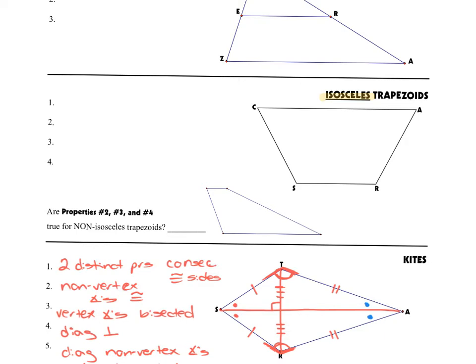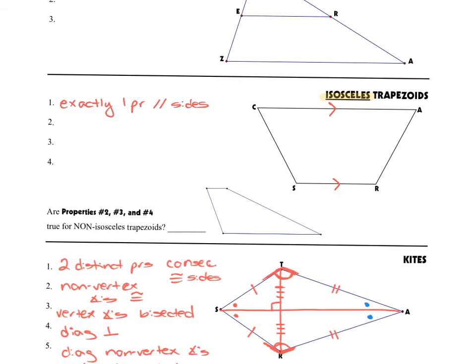We're going to start with our definition of just a trapezoid, which says that it's going to have exactly one pair of parallel sides. Remember, if it had two pairs of parallel sides, it'd be a parallelogram. So an isosceles trapezoid, or a trapezoid in general, will have one pair of parallel sides. You'll either be told what they are, or it'll be pretty obvious.